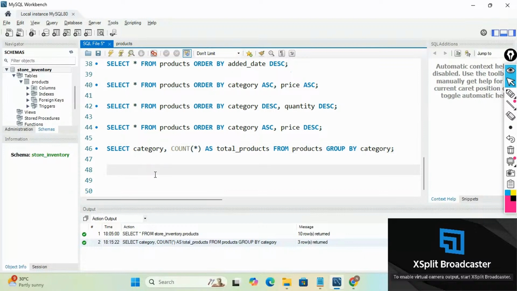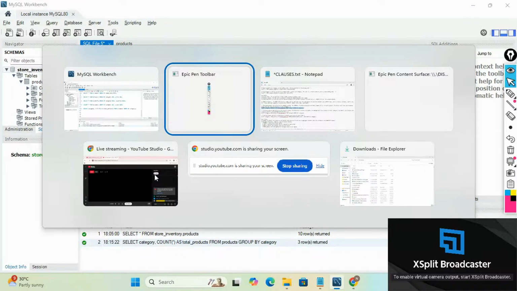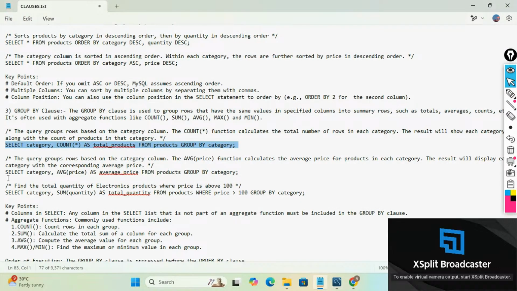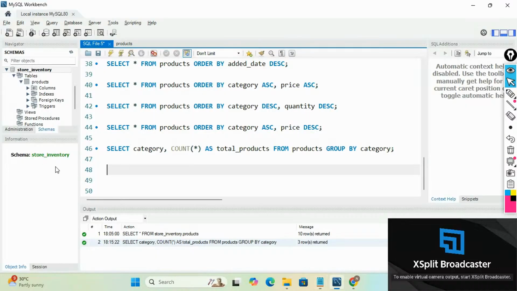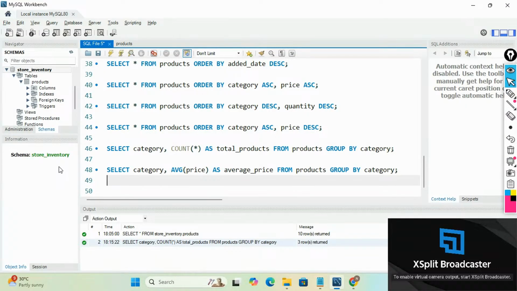Let us go back. I'll go to the next group by example. What am I doing? I'm again grouping the data using the category column, so I'll ensure this category column is also present inside the select part.